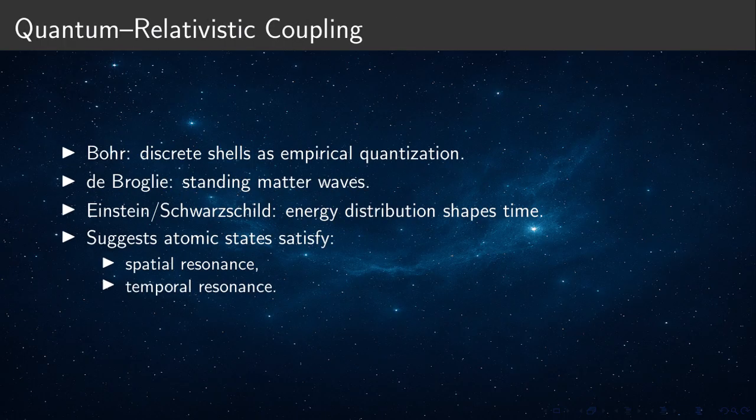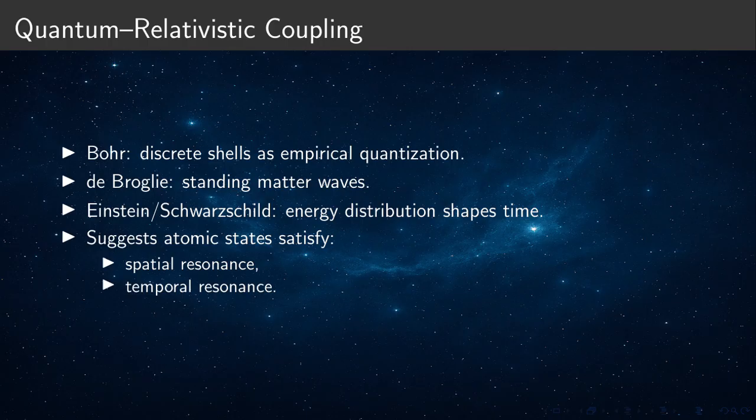Quantum relativistic coupling interpretation. This framework provides a conceptual bridge between quantum mechanics and relativity. Bohr introduced discrete orbital shells as empirical quantization rules. De Broglie provided a wave-mechanical interpretation in terms of standing matter waves.